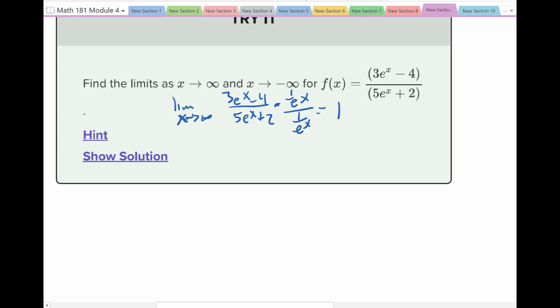So we end up with the limit as x goes to infinity of 3e^x over e^x. And I'm not drawing this very well, so I'm sorry if I'm confusing people. Minus 4 over e^x over 5e^x over e^x plus 2 over e^x.